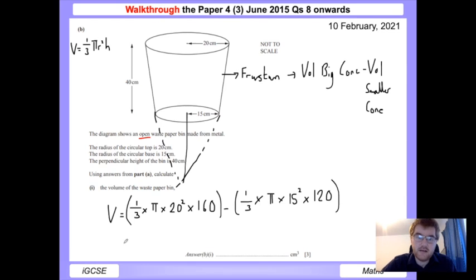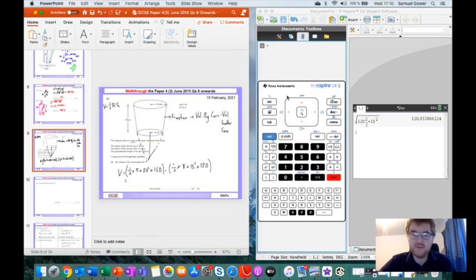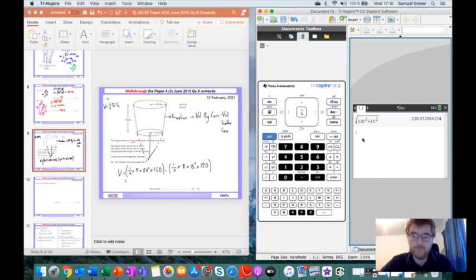And this is where we're going to type this all into our calculator. So watch carefully, we just need to be very careful as we do it. We're going to put this in brackets.